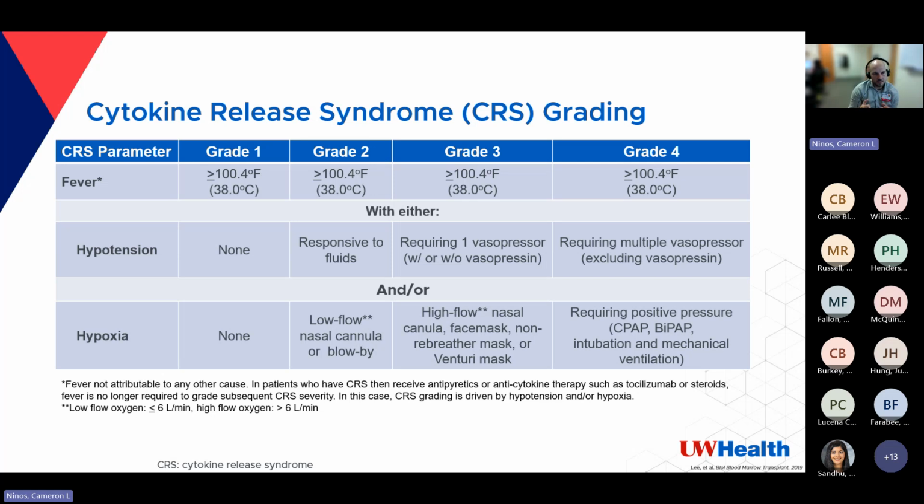Fever is going to be our first warning sign, and that qualifies as just grade 1. The higher grades are all going to be according to whether or not a patient is hypotensive or hypoxic. Grade 2 is if they're responsive to low-level interventions, such as fluids or low-flow nasal cannula, with grade 3 and 4 requiring things like vasopressors or potentially intubation for the hypoxia criteria.